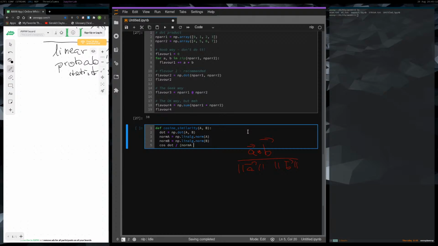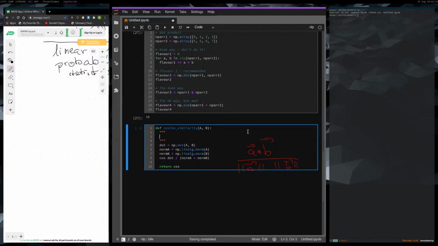Norm A times norm B. And then we just return the cosine. And we would need some kind of documentation here, and I'll add it later.